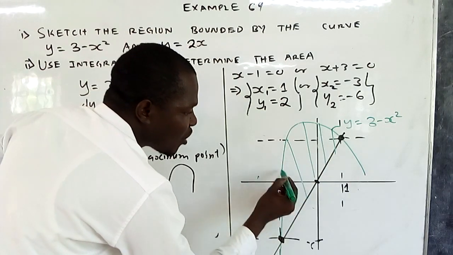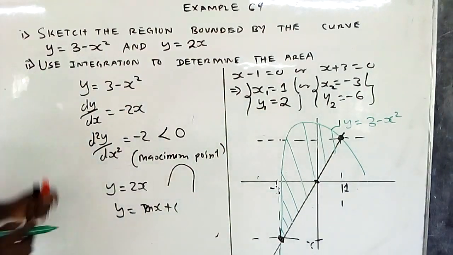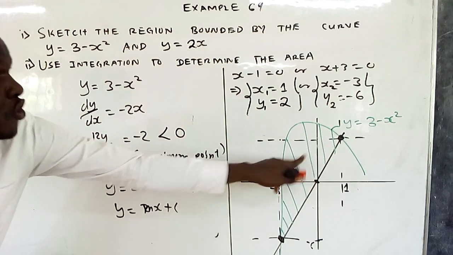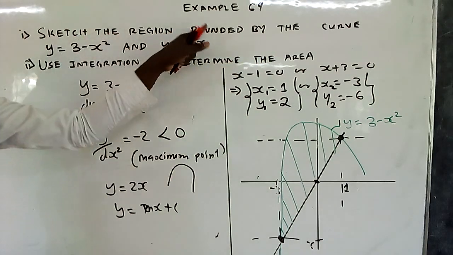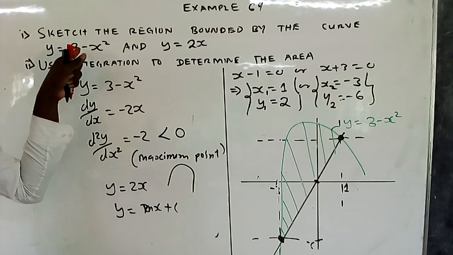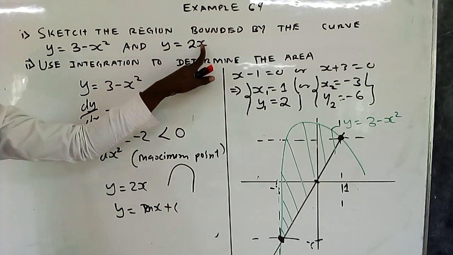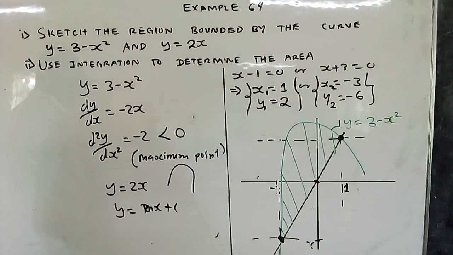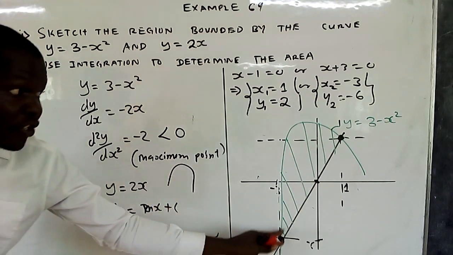Then in Roman B, you'll be told to determine this area. Use integration to determine the area bounded by this region. Because you are told to sketch the region bounded by the curves y is equal to 3 minus x squared and y is equal to 2x, isn't it? So you've sketched that region. We look for the points of intersection.